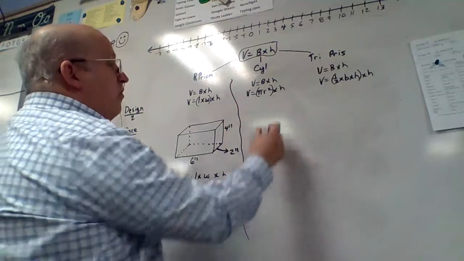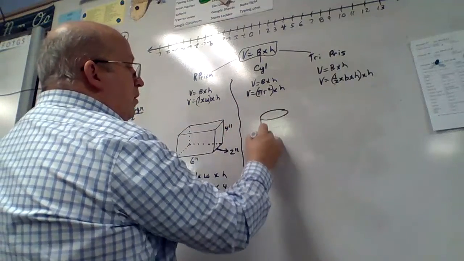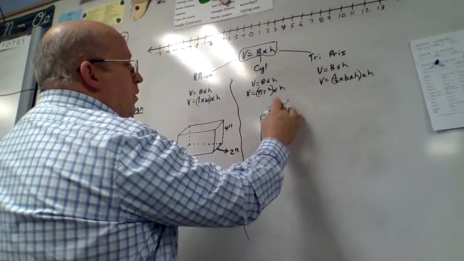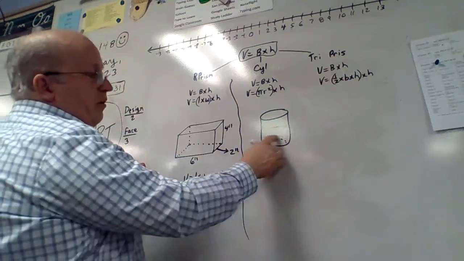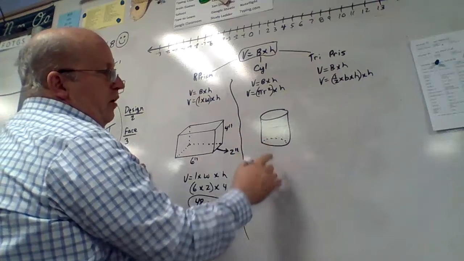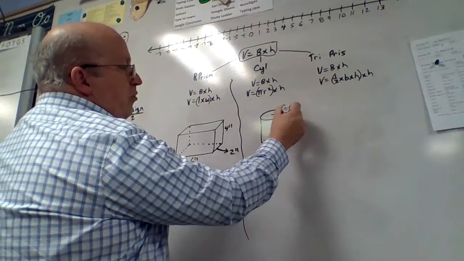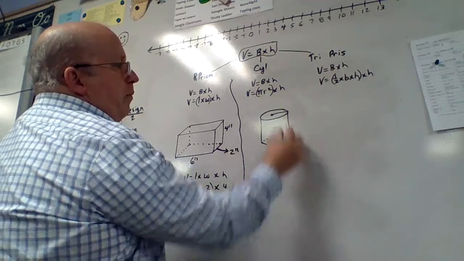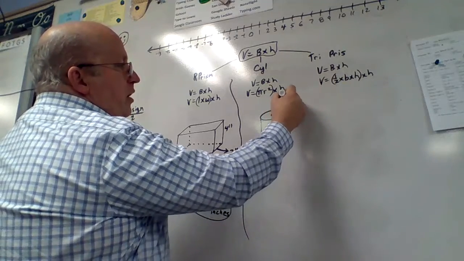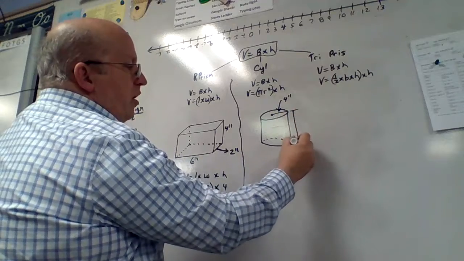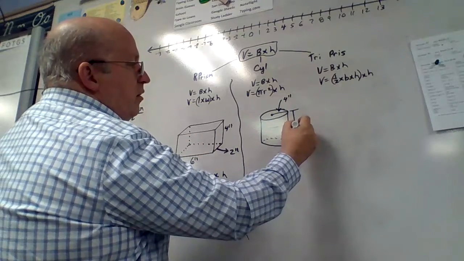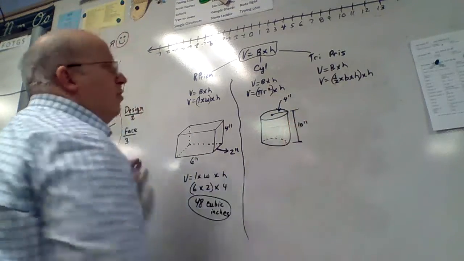What do we do with a cylinder? Well, no big deal. Notice the base of this cylinder is a circle. It's resting on this circle. What if I told you that the radius of this particular cylinder is 4 inches, and what if I told you that the height over here is 10 inches?